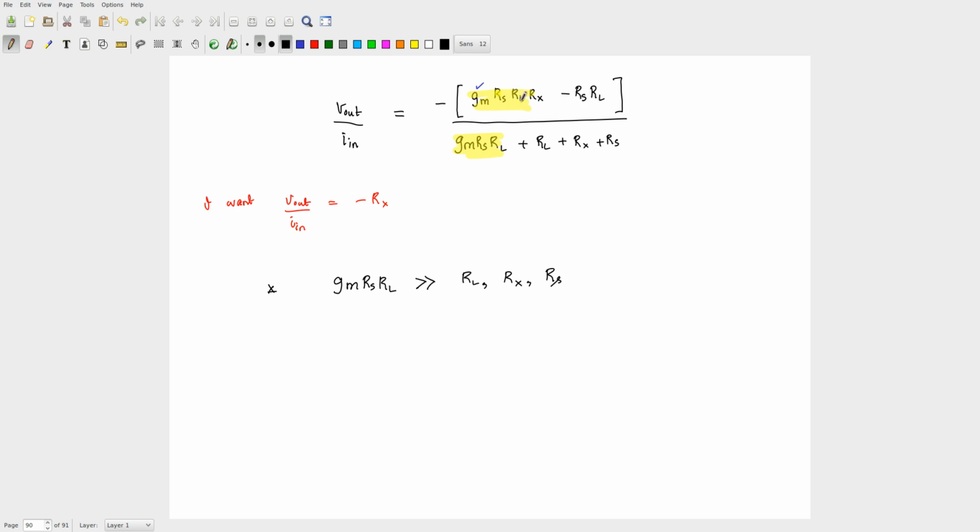Basically you can take out Rs RL common, then you will have Gm Rx minus 1. So your Gm Rx must be greater than 1. Okay. Now just to put this in perspective, for the common source amplifier with drain feedback, what were the corresponding conditions?